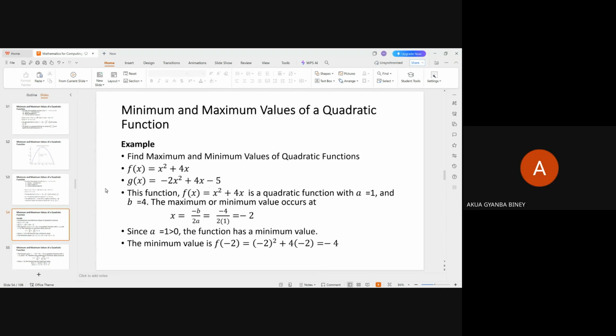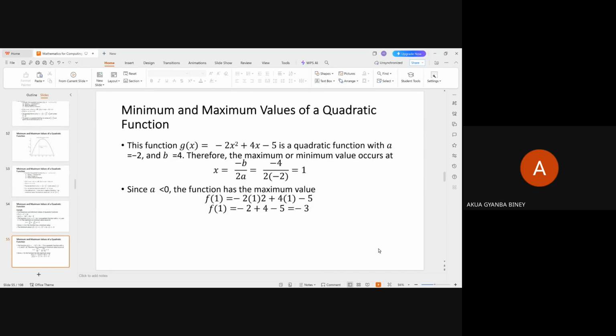Minus b, b is 4, so minus 4 over 2 into minus 2. So x is what? 1. If I put 1 in the equation, I get minus 2 times 1 squared plus 4 times 1 minus 5. I'll get minus 2 plus 4 minus 5. 4 minus 7 is what? Minus 3.